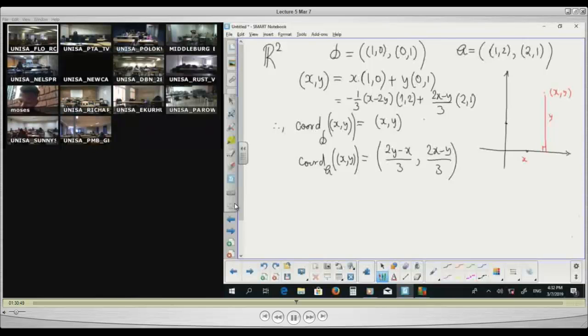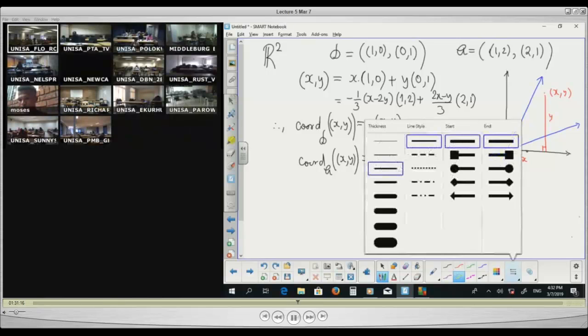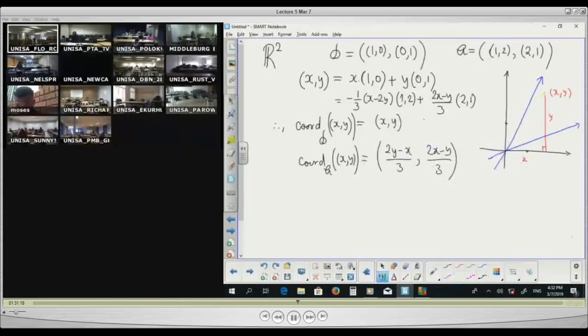You could take the blue ones, that is your A. And how do you get hold of the coordinates in that case? Well, that was where we did our old geometry. So you take this and you take this. So this part is your (2y minus x)/3, and this part is your (2x minus y)/3.